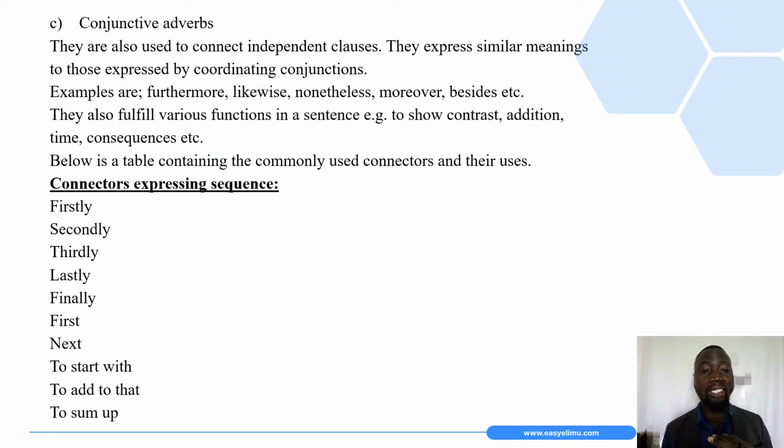We are going to look at them, giving examples in sentences.